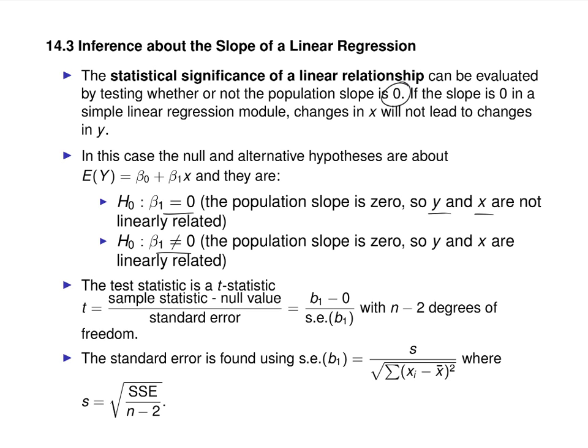Okay. And this sample statistic is a t statistic. And you find that using this formula, you use B1, which was the estimated slope that you found, minus 0. Why do I use 0? Because that's the null value of no change, yep. Divided by the standard error of B1.